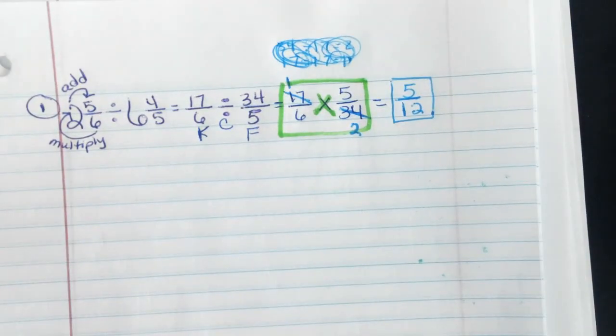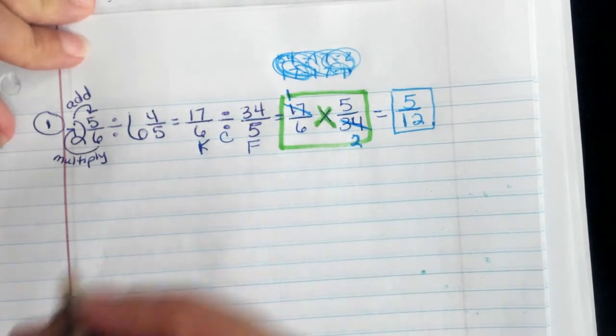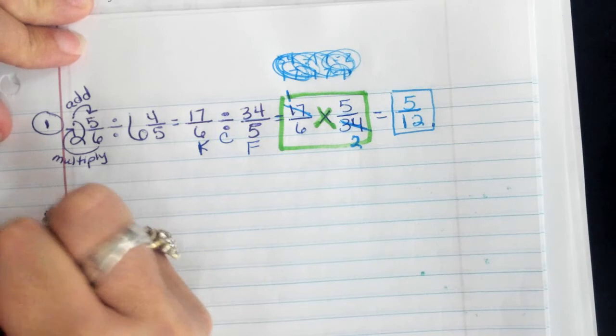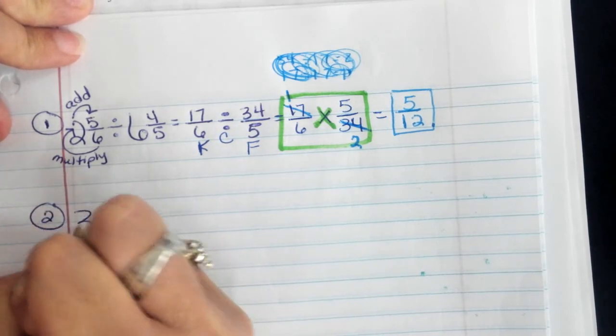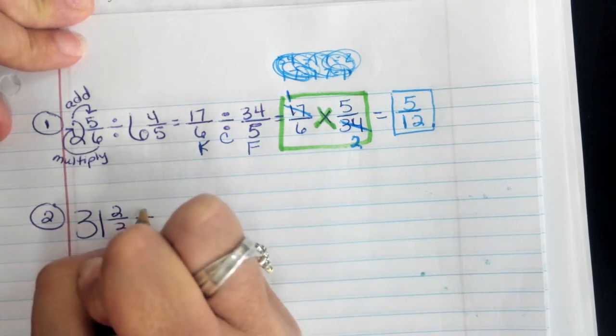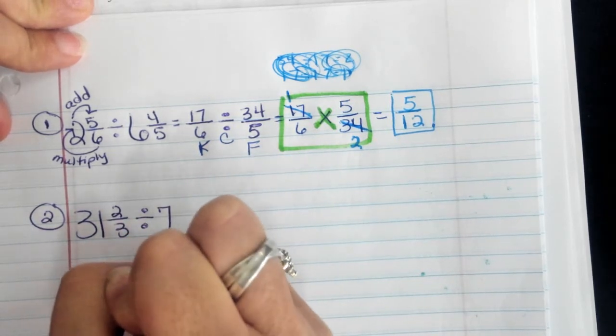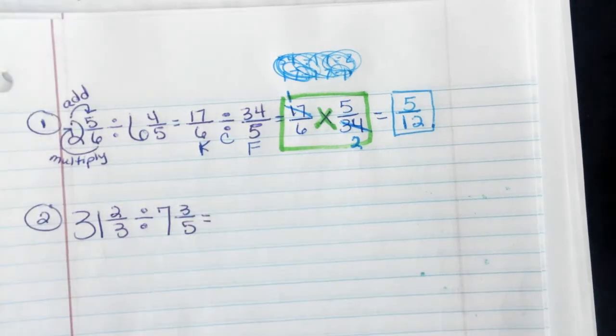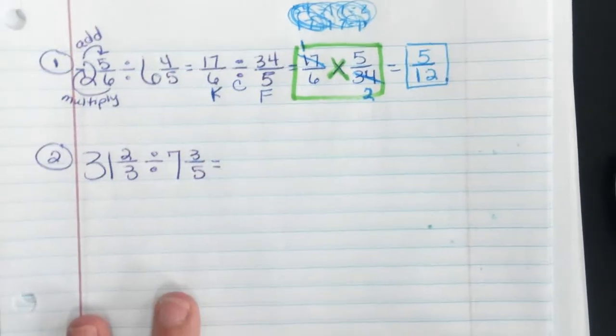Okay, now number 2. Most of these, I'm going to say, can clean up and get a little bit easier. Try to just make it all nice and pretty so y'all can actually see it.